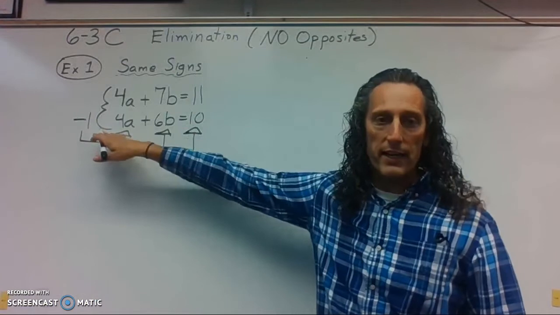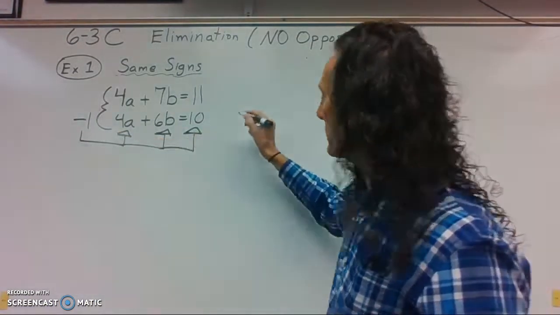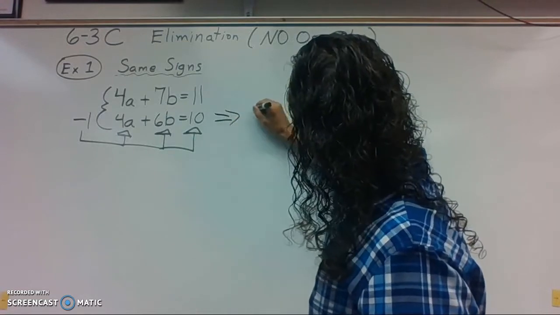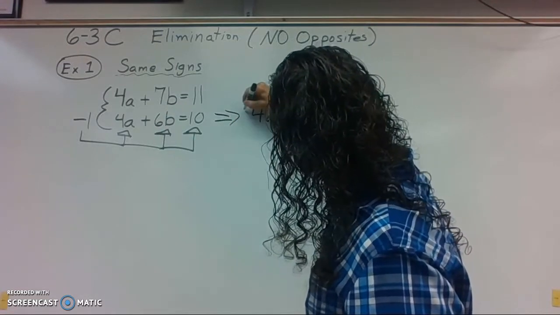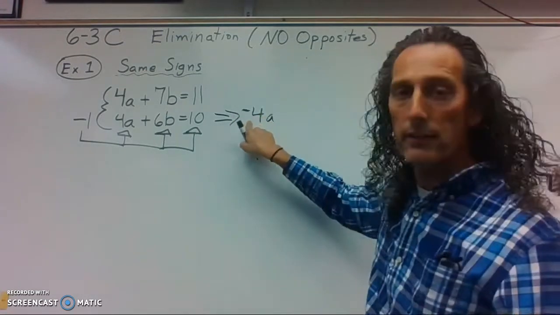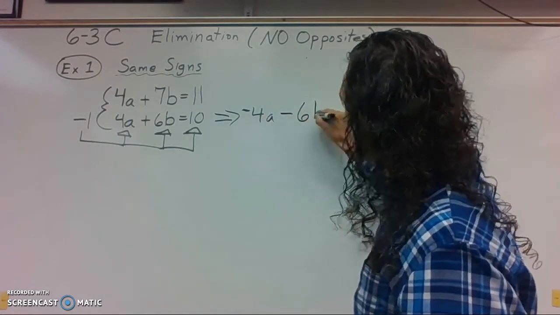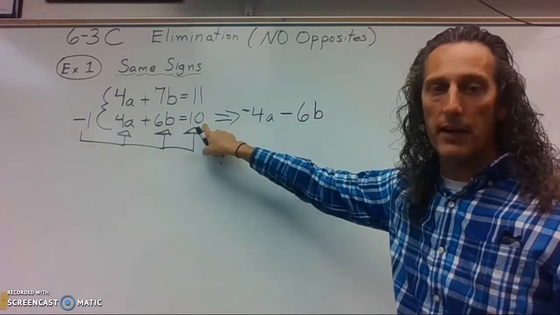So I'm going to use that negative 1, and when I multiply it, it's going to change everything to negative 4a. That's the key right here. It's having that different sign, minus the 6b and then negative 10.